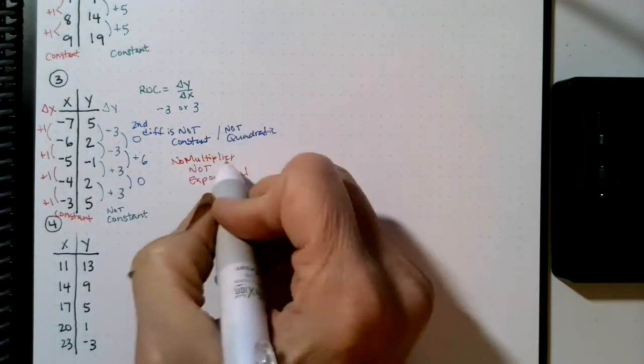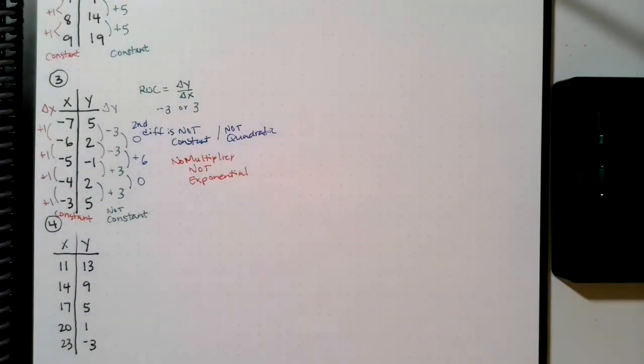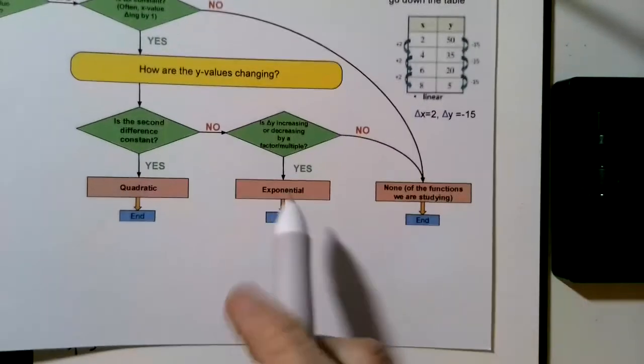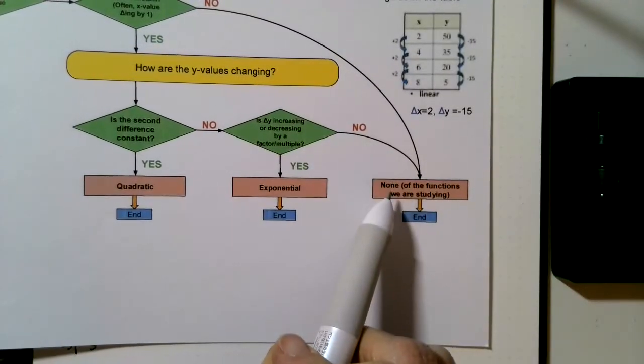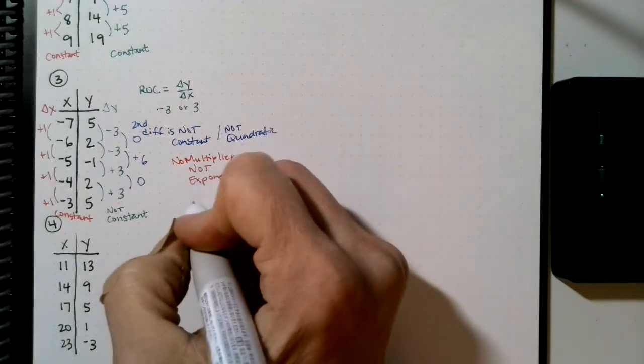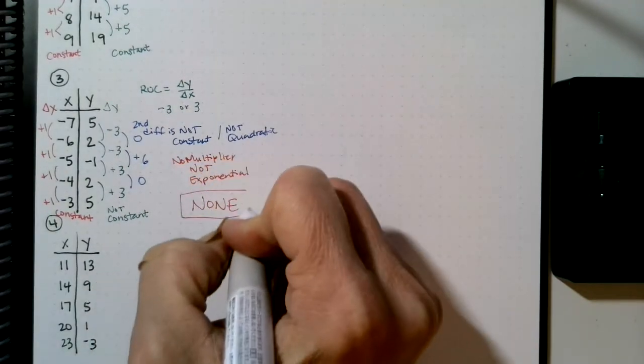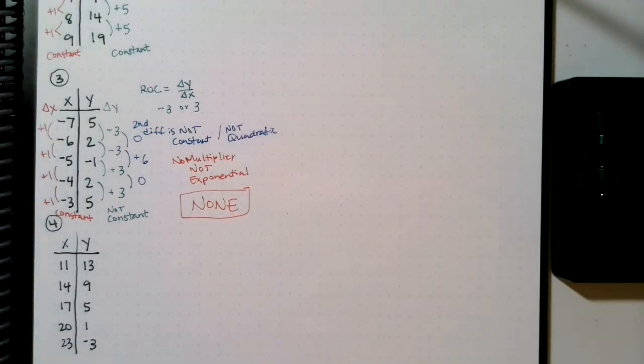So since there's not the same multiplier, it is not exponential. And at this point on our flow chart, if it's a no, it tells us that this is none of the functions that we're studying. So this is none of the functions we're studying.